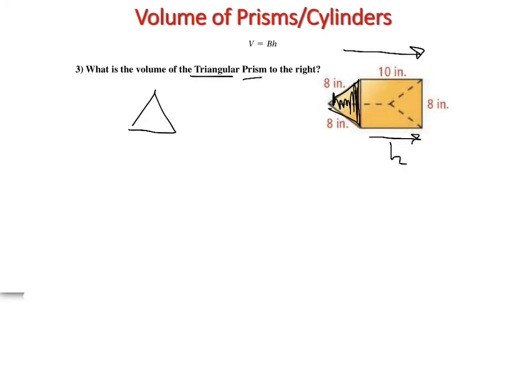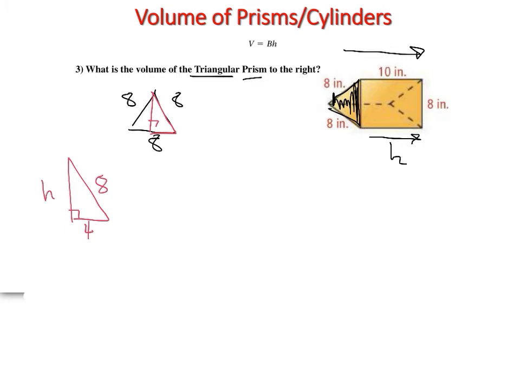The dimensions of this are 8 by 8 by 8. So we're finding the area of the triangle, and in order to do that we have to calculate the height of it. If I break this triangle in half right there, that'll be half of the 8, so that's 4, and this is 8 here, so we're looking for that height.